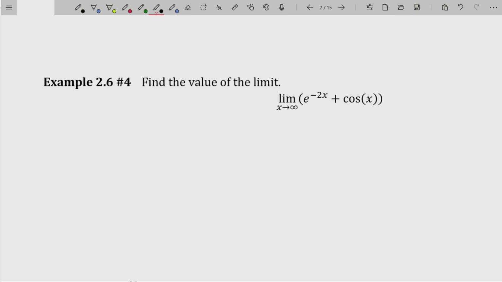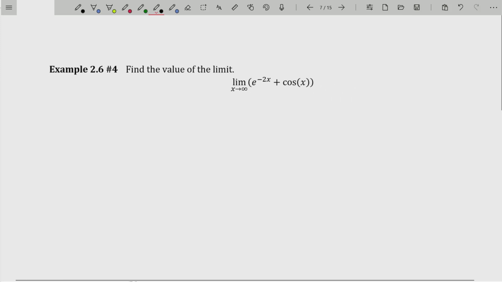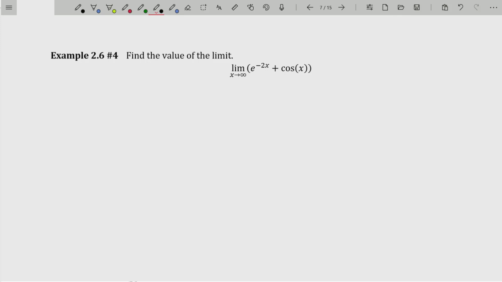So it is illegal to split the limit to evaluate this. So I will wait until I give you the precise definition of the finite limit at infinity before we come back to this problem and showcase why this limit does not exist. Okay, so if that was all mumbly junk to you, that's okay. We'll see it in the next video.